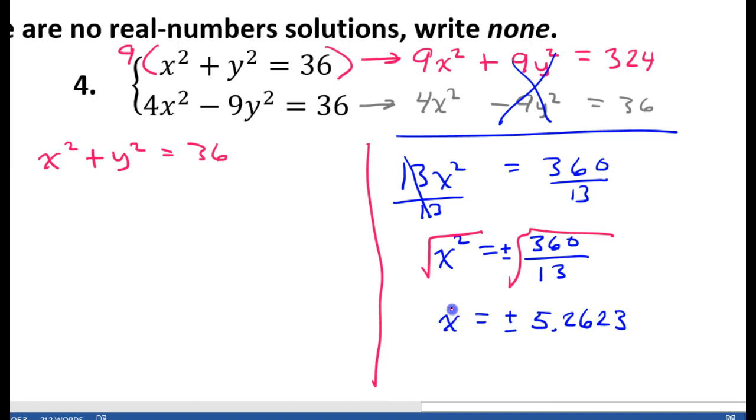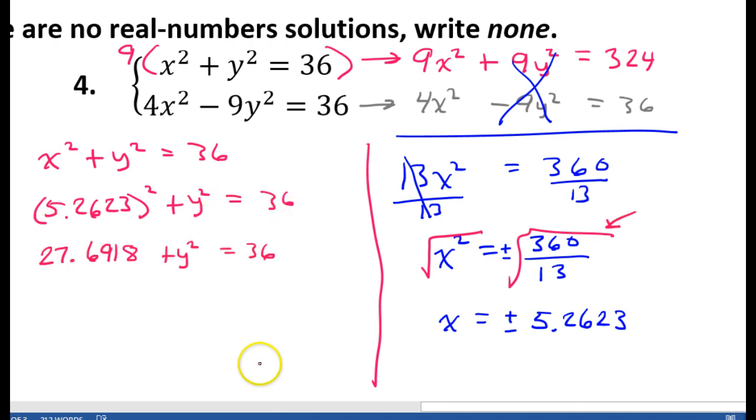If I take this value of x and plug it back in, 5.2623 squared plus y squared is equal to 36. That gives me 27.6918 plus y squared equals 36. Now I need to subtract 27.6918 from both sides.